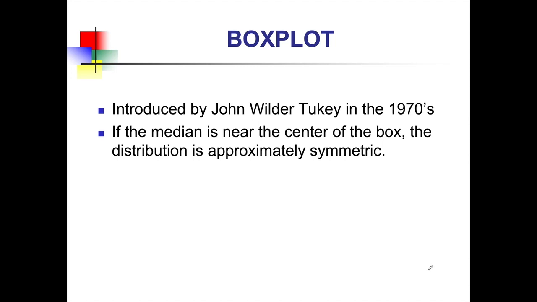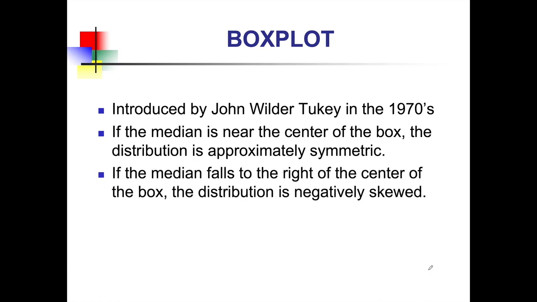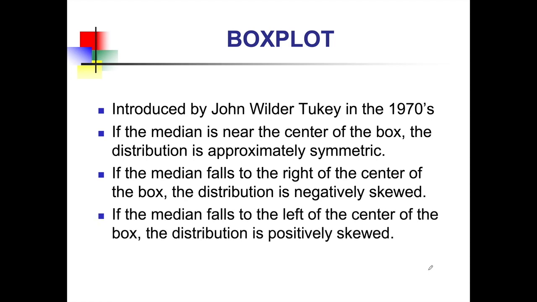If the median falls to the right of the center of the box, the distribution is negatively skewed. I hope you are now familiar with skewness. If not yet, you can learn it again from our previous presentations. And the other way around, if the median falls to the left of the center of the box, the distribution is positively skewed.